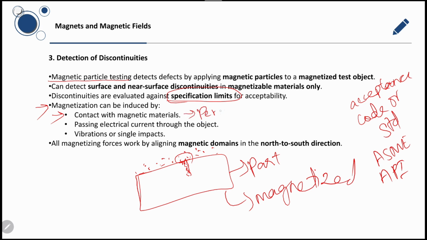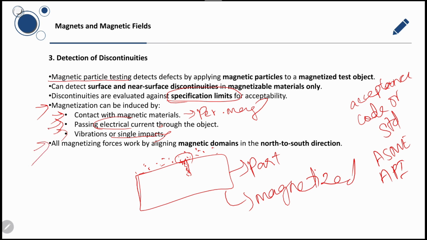Next is passing electrical current through or around the object to create a magnetic field. Next, vibration or impacts can cause temporary magnetization in some cases.